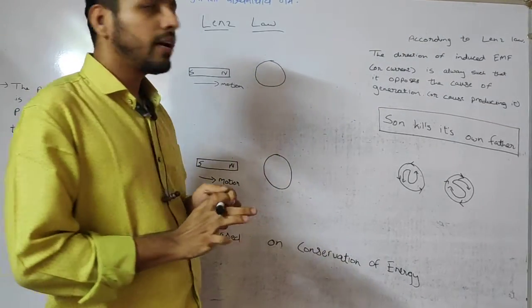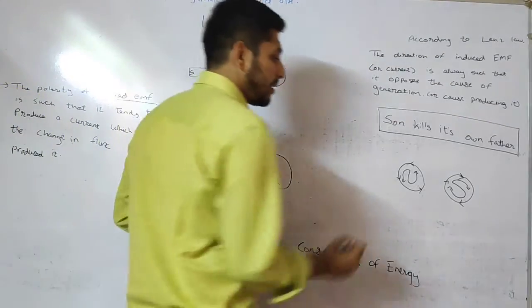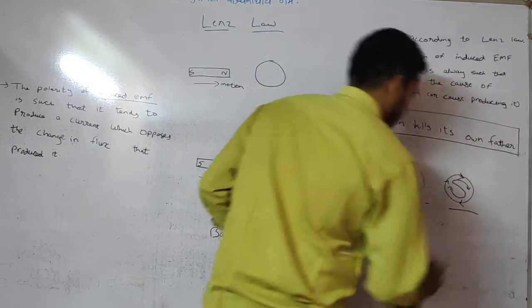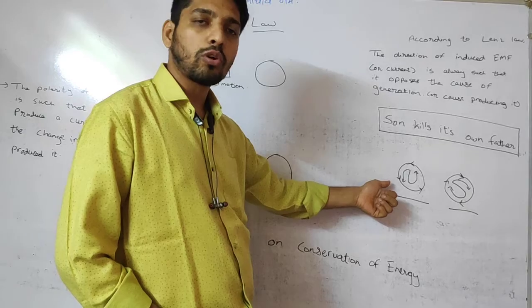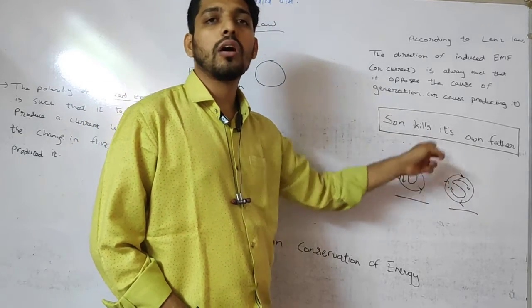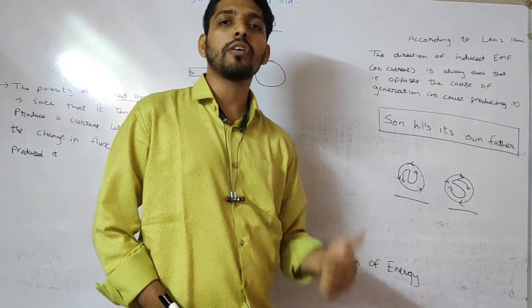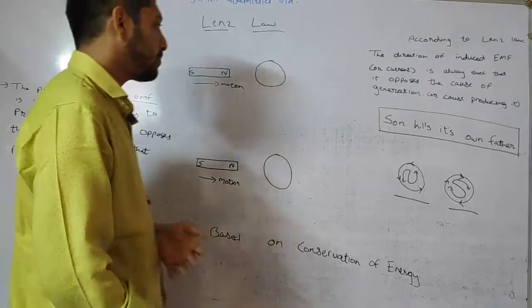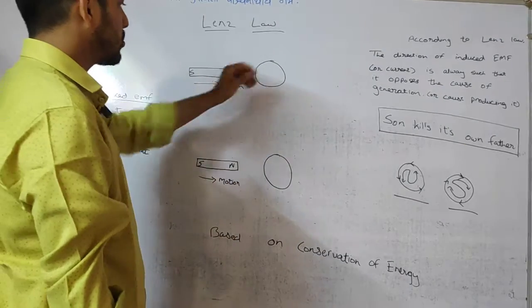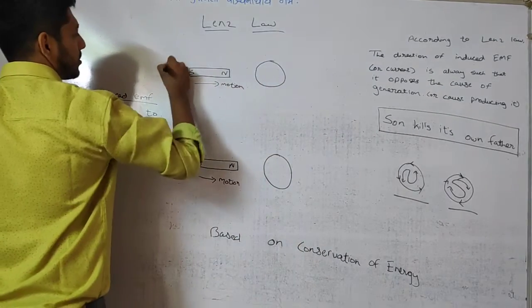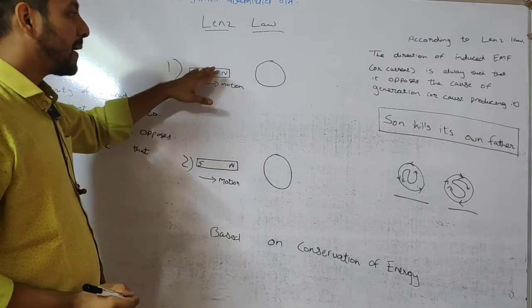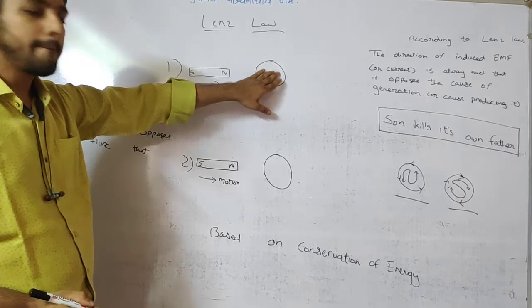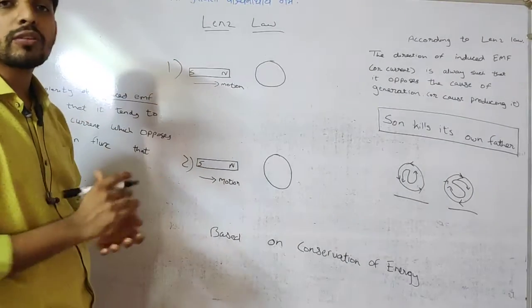Before moving on, you need to remember this. If the direction of current is anti-clockwise, it shows a north pole, and if the direction is clockwise, it shows a south pole. We have already studied this in our previous chapter. Suppose I have taken two conditions, condition number 1 and condition number 2. Here there is a magnet and here there is a coil. Here also there is a magnet and a coil.